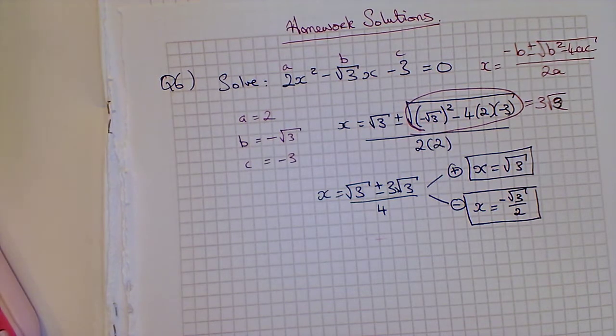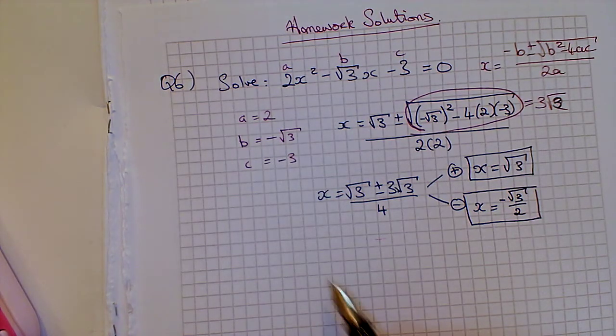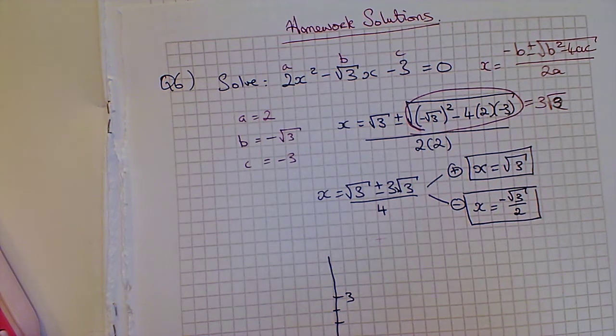Right then, for the second question that you had for homework, we had the graph from question 7, and I'm just going to do a quick sketch of it. So 1, 2, 3, actually 1, 2, 3, 4, 5, 6, and minus 1, minus 2, minus 3.